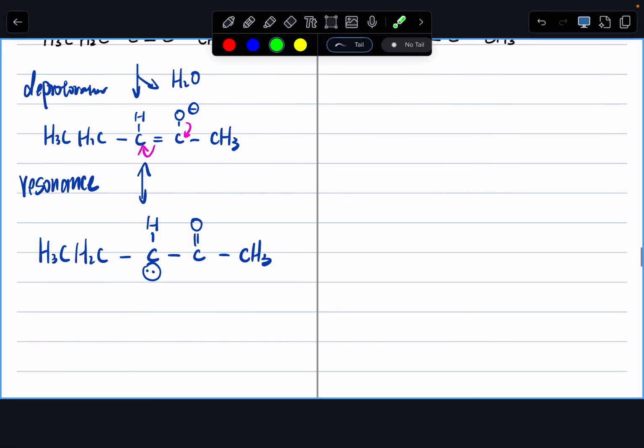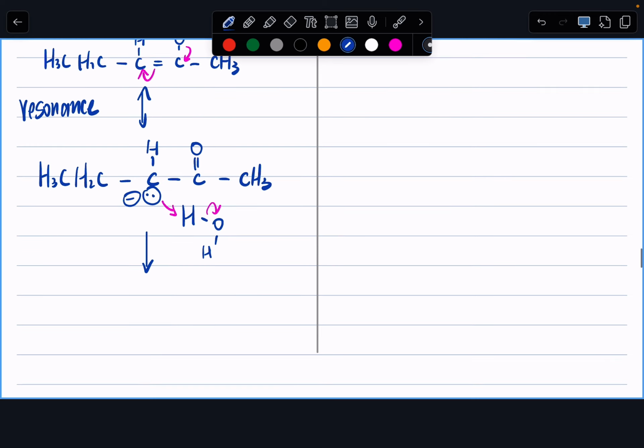And in here, this is a very strong base, and it will react with your solvent, which is water here. And protonation. And we're regenerating our base.